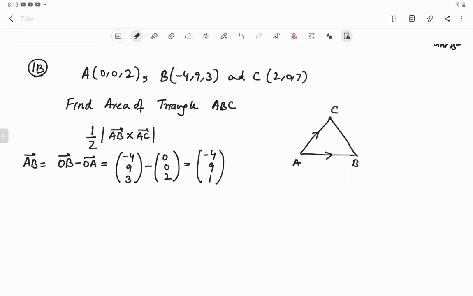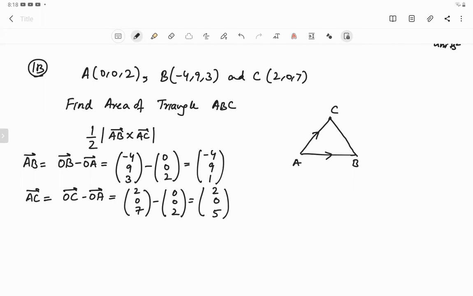And now we calculate AC. AC is equal to OC minus OA. OC is (2, 0, 7), OA is (0, 0, 2), and it's (2, 0, 5). This is AC.